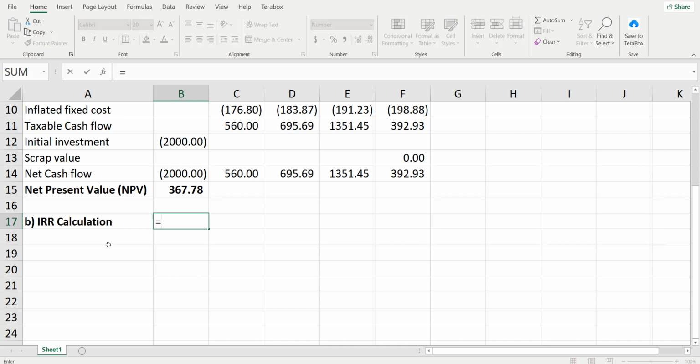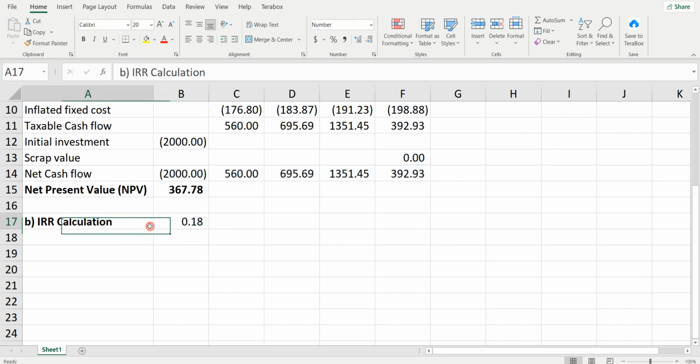So we know the undiscounted cash flow. First we have to write IRR formula, IRR, bracket start. Now we can take the undiscounted cash flow and bracket close. You can use percentage. 18% is IRR.